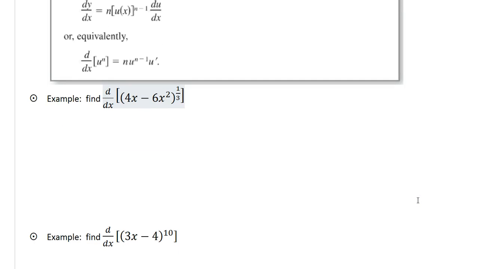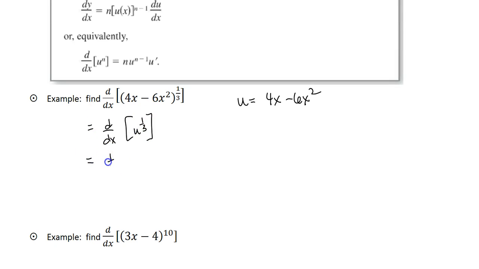In this case, my u would be 4x minus 6x squared. So this is the derivative with respect to x of u to the 1/3 power, which we know is going to be 1/3 times u to the 1/3 minus 1, all times u prime, or 1/3 times u to the negative 2/3 times u prime.